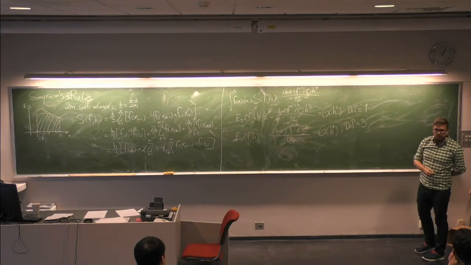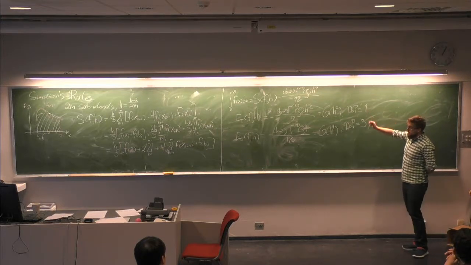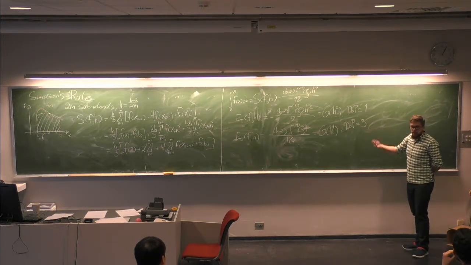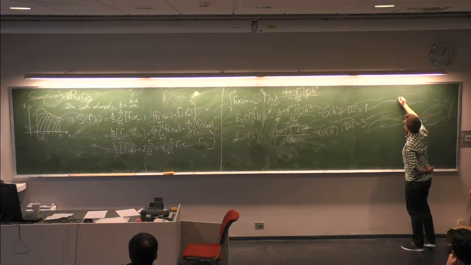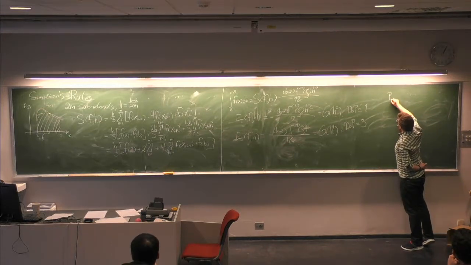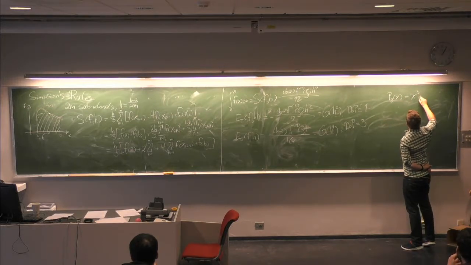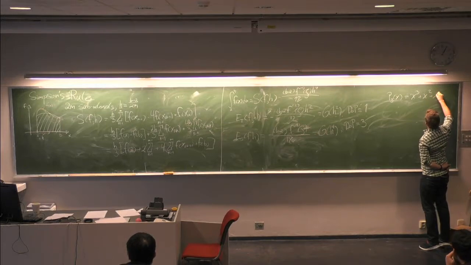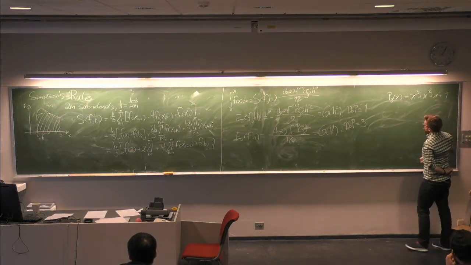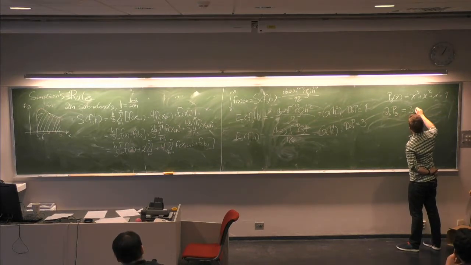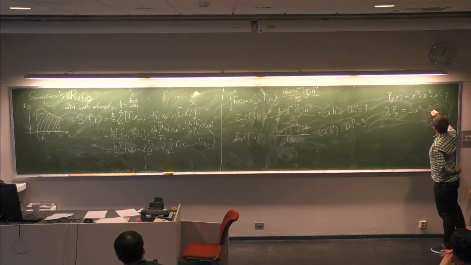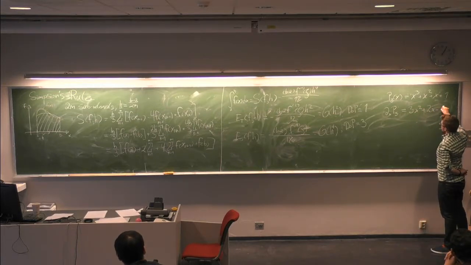Yes, to have 100% accuracy, if you're using Simpson's method, you can only do third order polynomials. Let's say you have a quick one, P3 equals x cubed plus x squared plus x plus 1. Differentiating, you get 3x squared plus 2x plus 1.